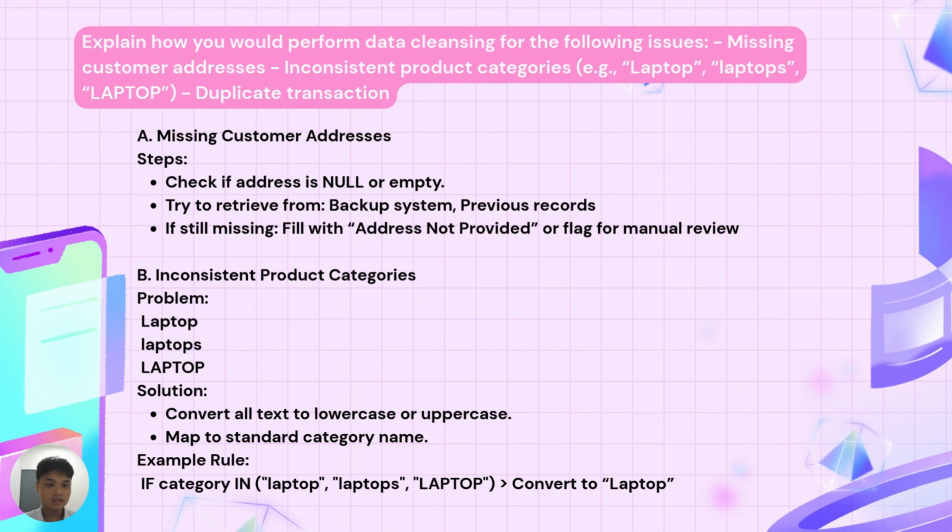So question 3, explain how you would perform data cleansing for the following issues: missing customer address and inconsistent product categories. So for the missing customer address, we check if the address is null or empty and try to retrieve it from a backup system or previous record. If still missing, we can fill with "address not provided". And for the product categories, we can standardize them to a single format, like all the text to lowercase or uppercase.